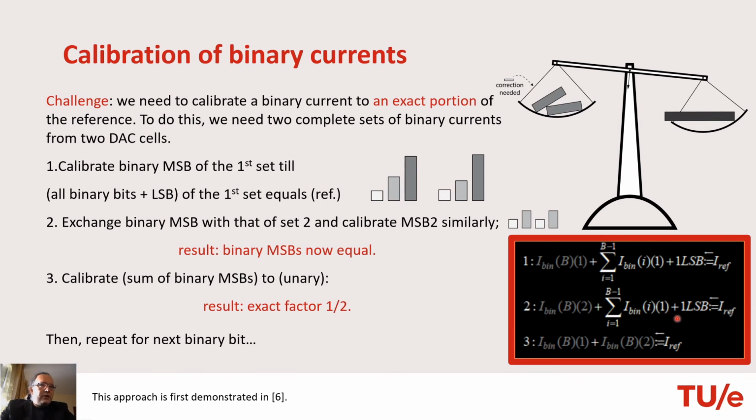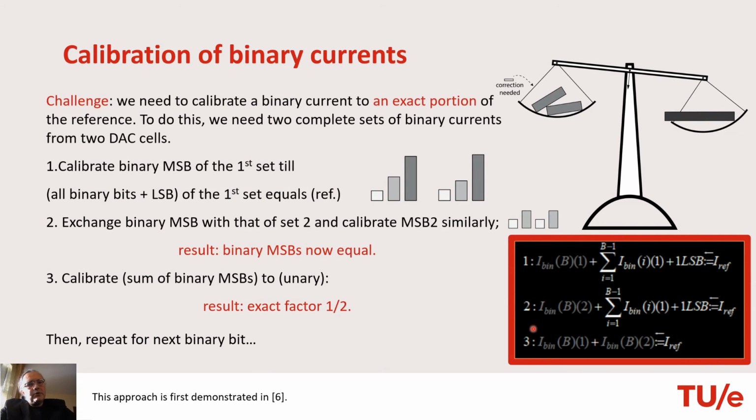When you reach this point, what you know is that the MSB current of the first set is exactly equal to the MSB current of the second set, within one quantization step of the calibration. And this is because the other currents are the same, so they don't change.